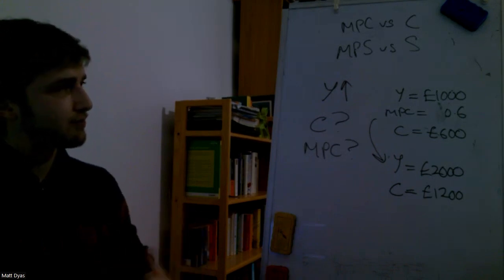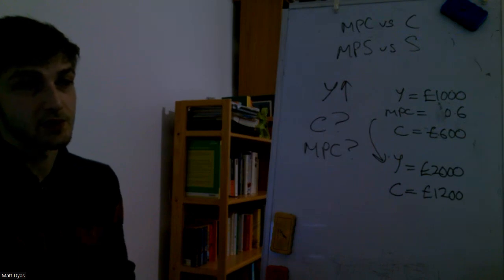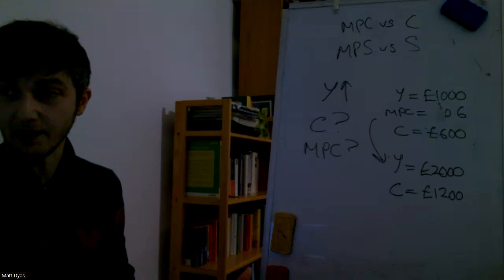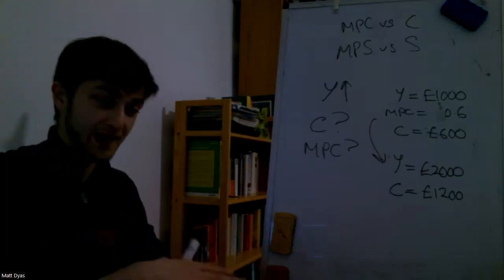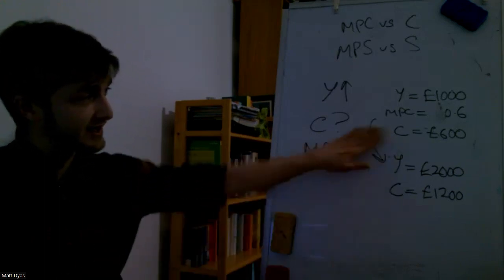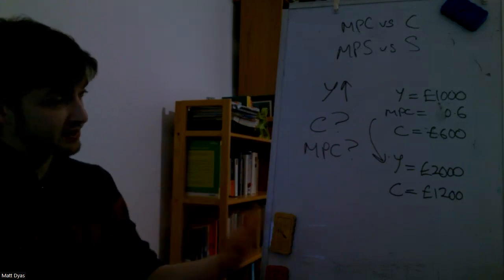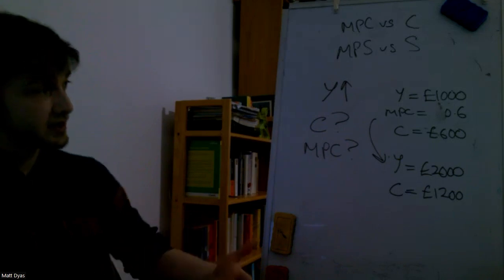And typically, if you say if income rises, what happens to consumption, ceteris paribus, you are assuming MPC is constant, right? That's the whole point of saying ceteris paribus there. By saying ceteris paribus, you are keeping MPC constant. So we are keeping, in this example, MPC at 0.6. Then the question really becomes, well, what happens if the MPC changes, for example?